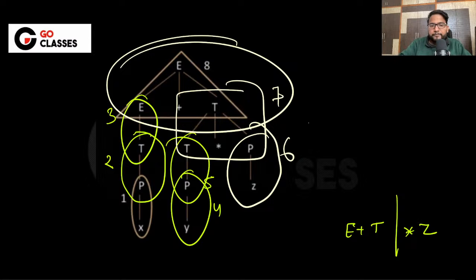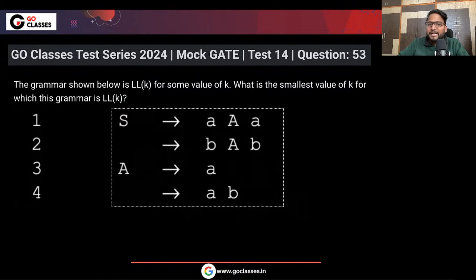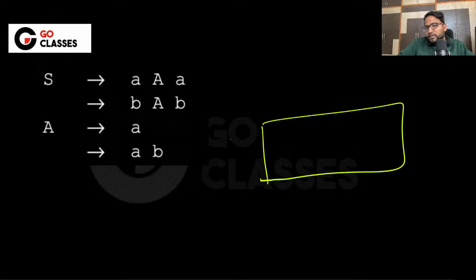Okay, great. No, this was a really wonderful question. Let me tell you how to solve this. They are asking which LL(k) it is. See, in the predictive parser, you have the predictive table. Let's suppose this is the table, with S and A and these things.